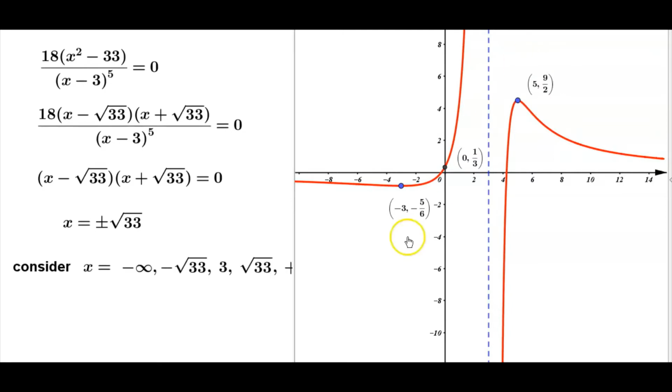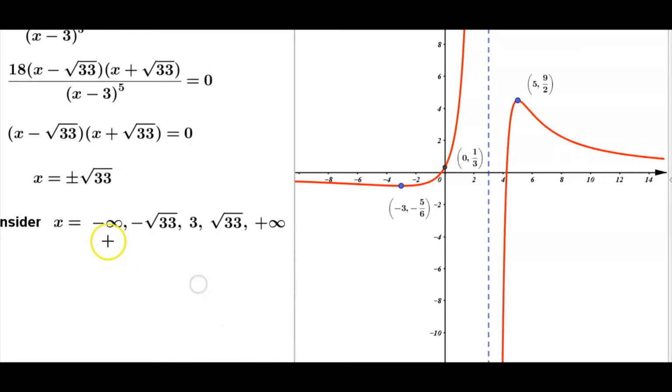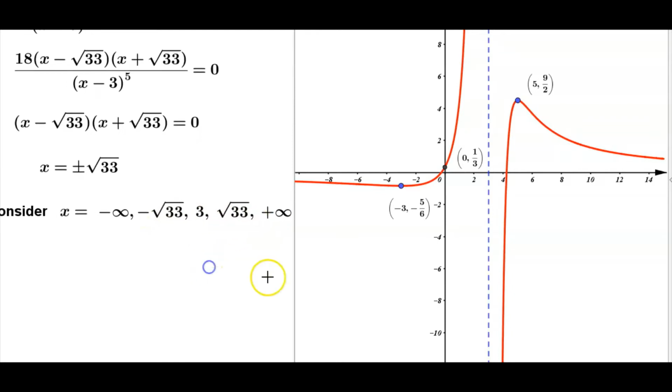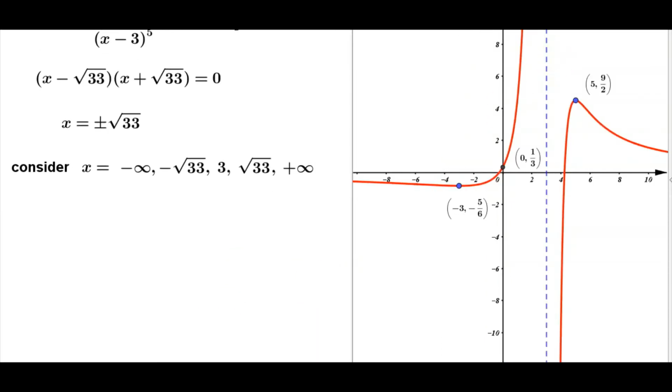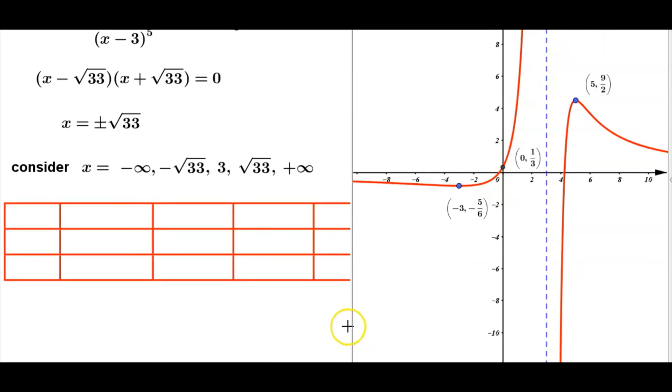Now consider this value, x from minus infinity, the critical values minus root 33, 3, root 33, infinity. Now we are going to investigate the sign of f double dash x. The chart.